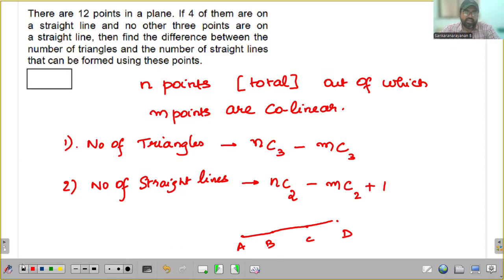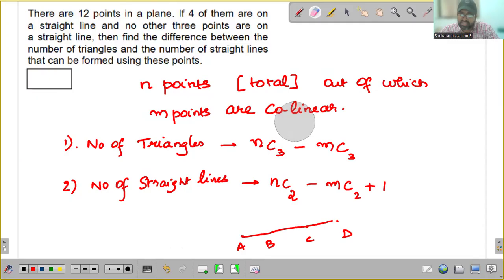Even if you are not diving deep into the theory part, you can memorize this shortcut formula that I have presented. There are n points in total. Out of those n points, consider that m points are collinear. So the number of triangles will always be NC3 minus MC3.